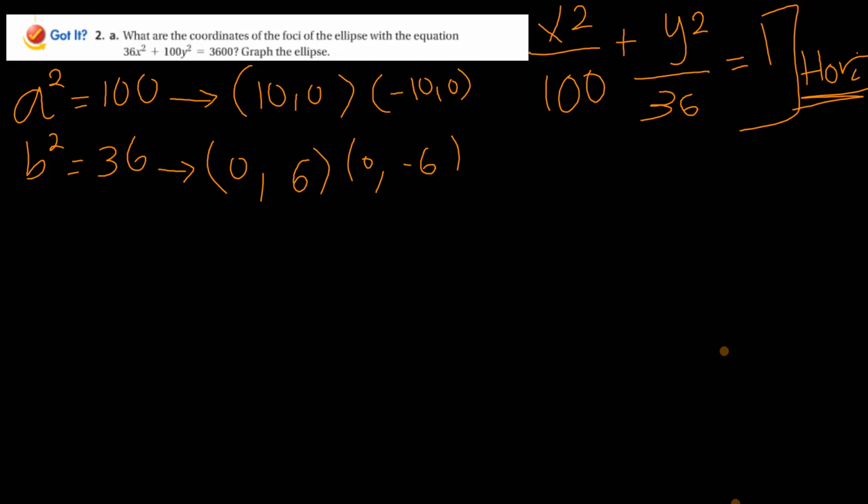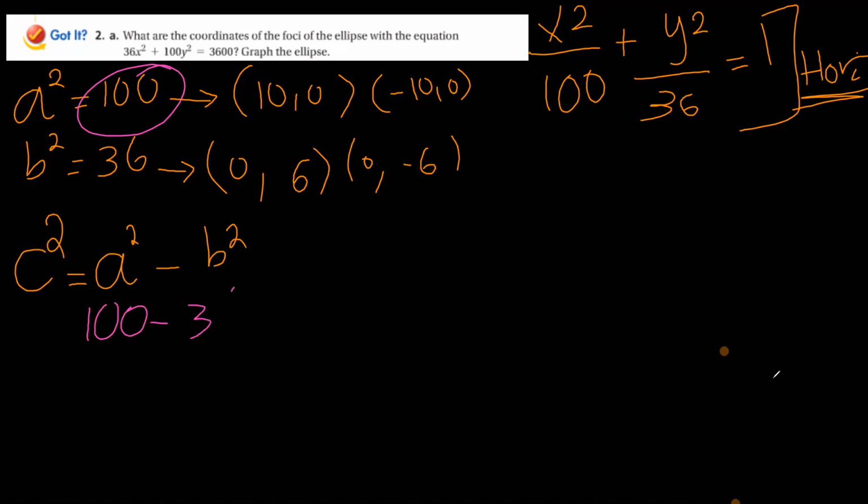What do I need now to graph the ellipse? I need the foci. How can I find the foci? Using this formula: c squared equals a squared minus b squared. Now a squared is 100 minus 36, which is 64.